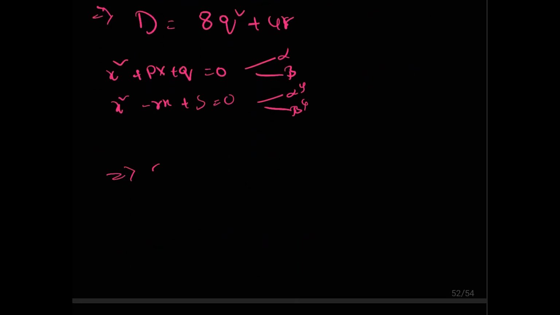That means q equals to alpha into beta and r equals to alpha power 4 plus beta power 4. Now substitute these two values in D.